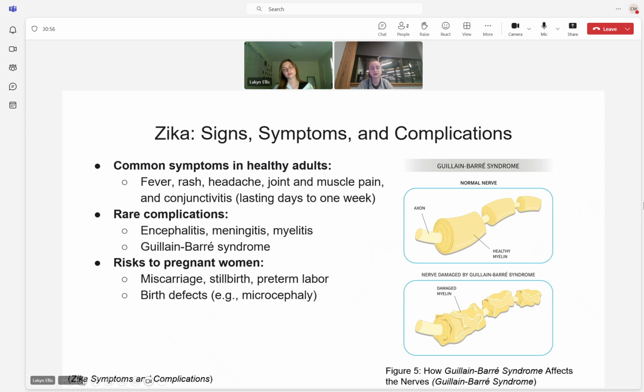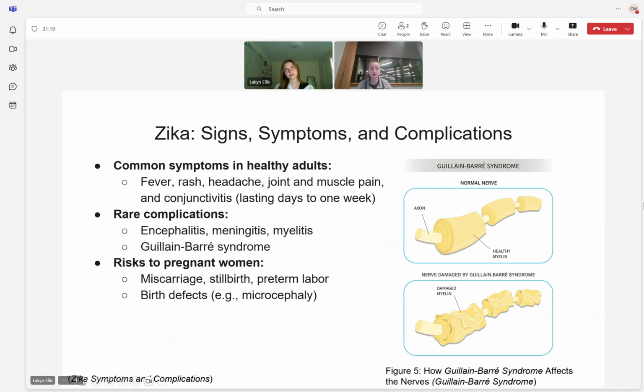So for the most part, Zika results in few symptoms in healthy adults, and a lot of people are actually asymptomatic. But some of the more common symptoms include things like fever, rash, headache, and joint pain. So it makes it difficult to distinguish some of the symptoms of the Zika virus from that of the common cold and flu.